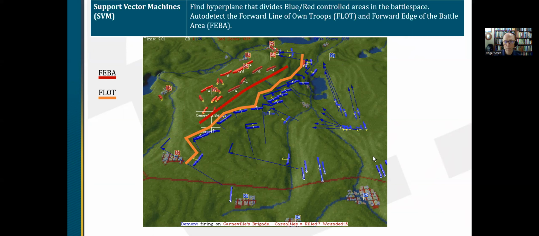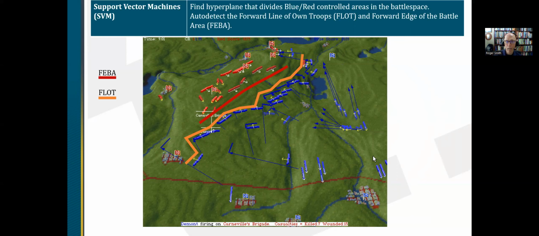And a human can look at a map and very quickly dash out a line that shows where that FEBA is. That's the forward edge of the battle area, or kind of halfway between the red and blue forces. And the FLOT, which is the forward line of your own troops, or essentially the noses of the soldiers and vehicles that are furthest forward, for example.